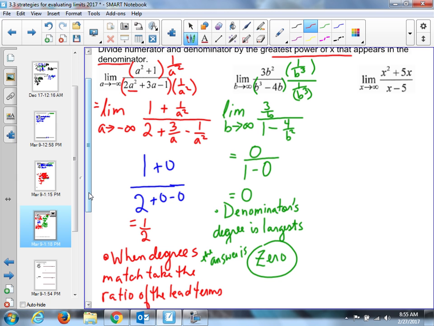Last. What if the degree is greater on the top? There's all kinds of manipulation you can do. I'll just stick to this. You'll see. Well, we still do the greatest power from the denominator. Don't do anything else. 1 over x, 1 over x.